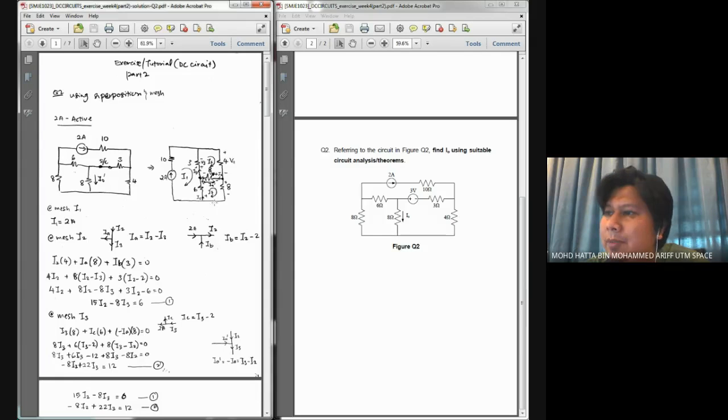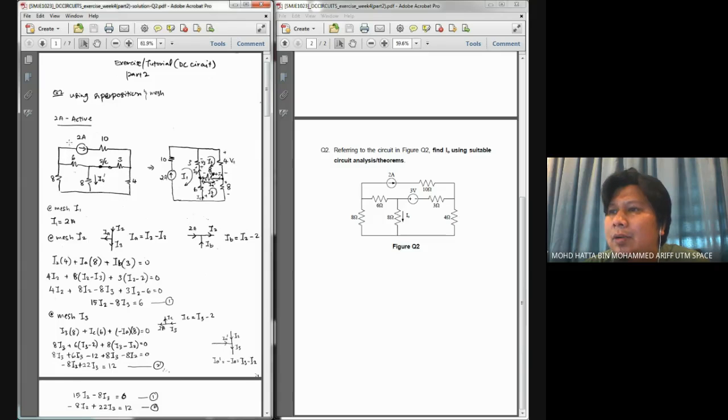Maybe if you like to use Y-delta transformation, that also can be used over here, but here I use superposition and also mesh to calculate the value of IO. And remember, if you are using superposition, it means that you need to do the procedure over and over based on the number of your sources.